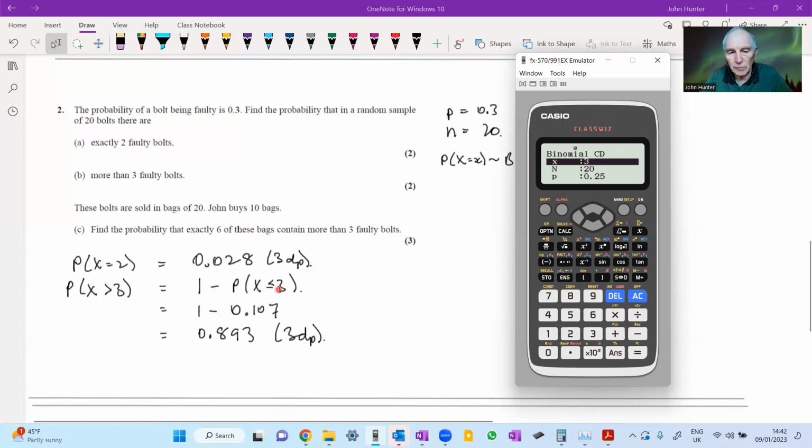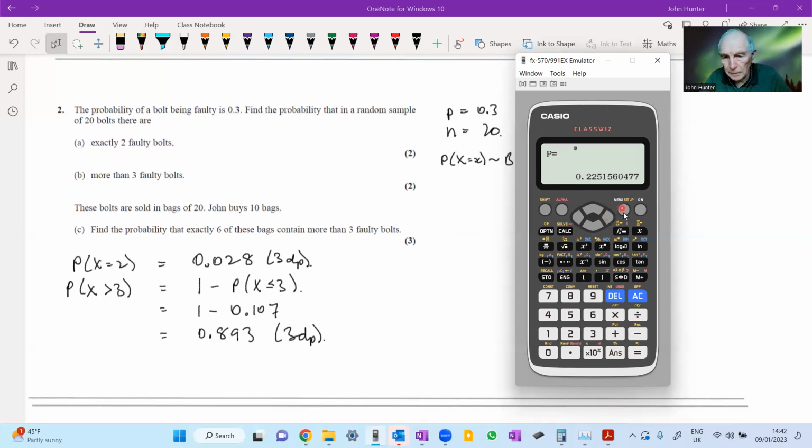So less than or equal to 3. This is 0, 1, 2, or 3. This is 4, 5, 6, 7, and so on. So our x is 3 from there. Our n is 20. The thing with this is if you hit equals 2 consecutive times, it bombs off into the answer.